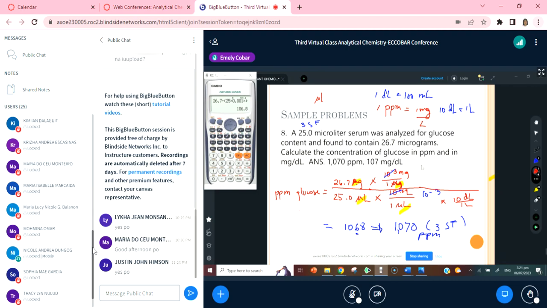So, pag doon sa laboratory test, may makikita kang value ng glucose, result. Merong nakalagay doon in milligram per deciliter at meron ding nakalagay na in millimole per liter.